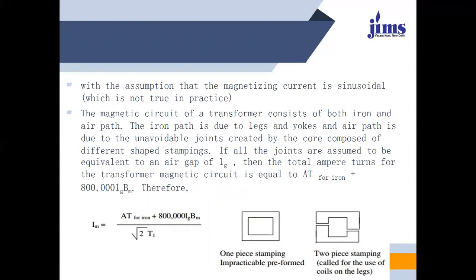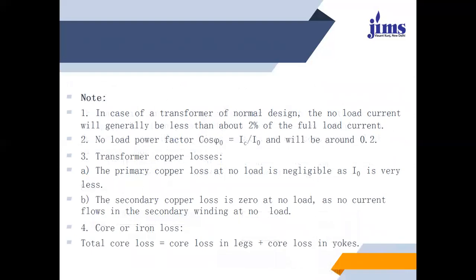Therefore, Im equals ATs for iron plus 8 lakh times lg Bm, upon root 2 times T1. This will be the one piece stamping, the impractical form. This will be the two piece stamping, used for placing coils on the limbs. So there will be a C type structure.